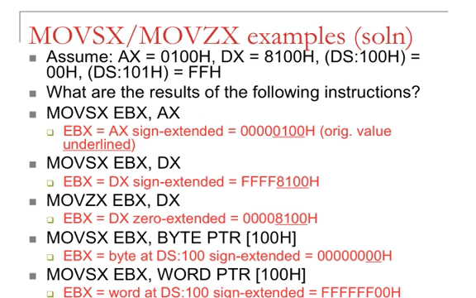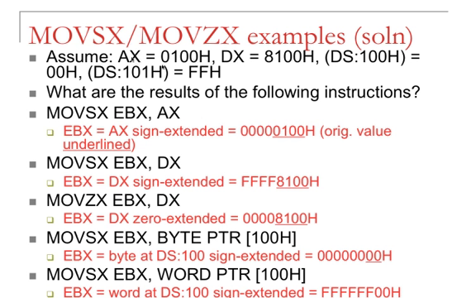The upper 2 bytes are all zeros because we're extending the sign bit of AX. So we're doing this sign extension, and AX is the source operand. The value of AX is 0100 in hexadecimal, and if you write this number in binary, you have 0000, 0001, 0000, 0000.